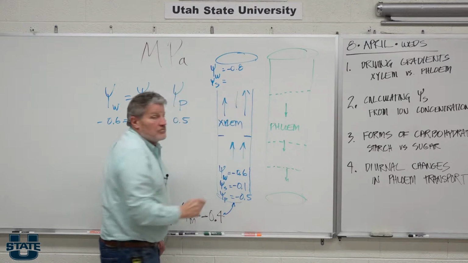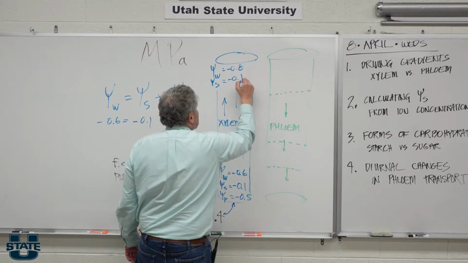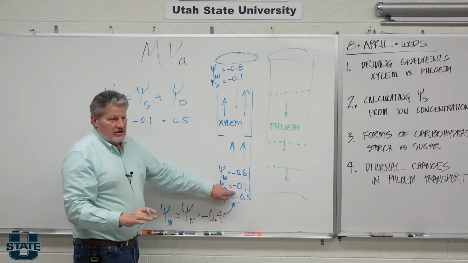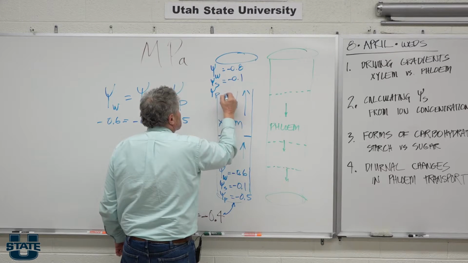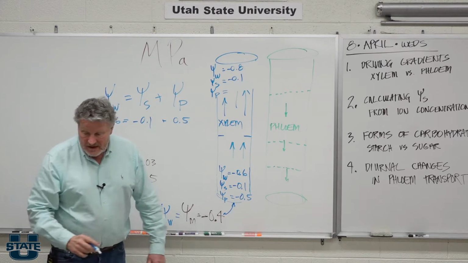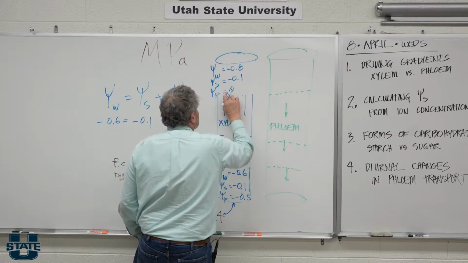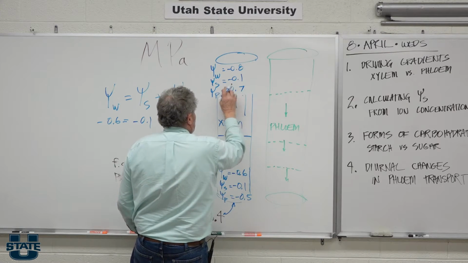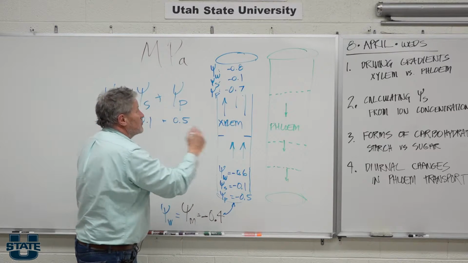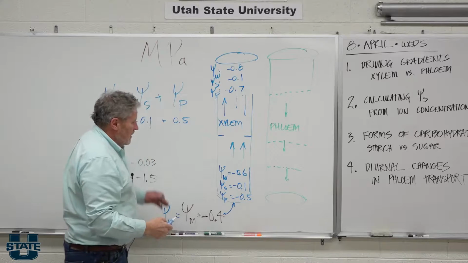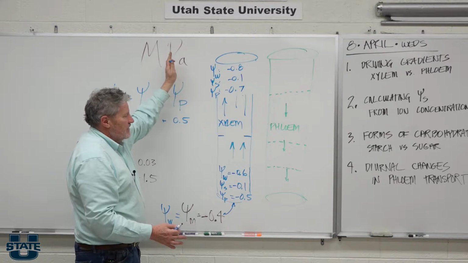Psi solute potential up here, minus 0.1. Still very dilute, not many ions in this, it's just water. And you can see from the math, the pressure or turgor potential now, minus 0.7. Minus, I don't have to put all these equal signs, I'll just put a colon. And there we go, so this plus this, minus 0.8. So now this water's sucked up, it's all good, water's moving to the top of the plant.